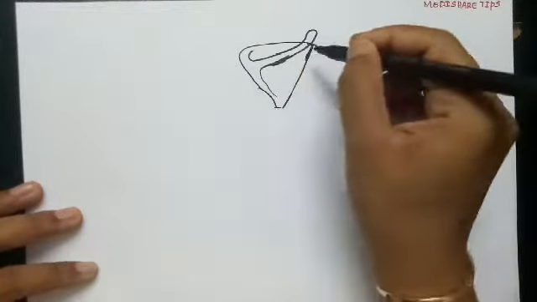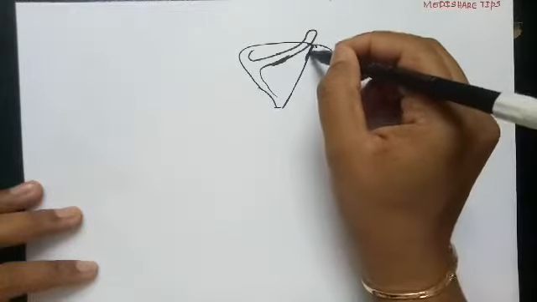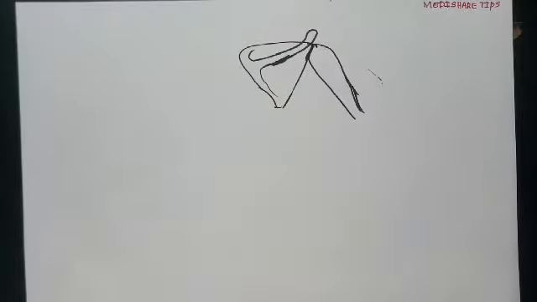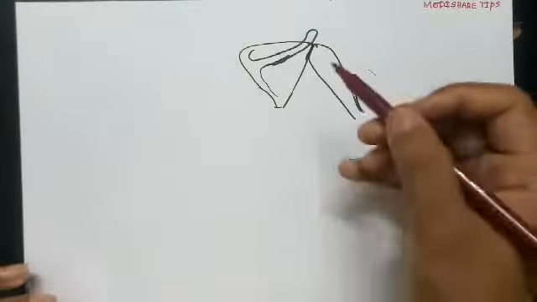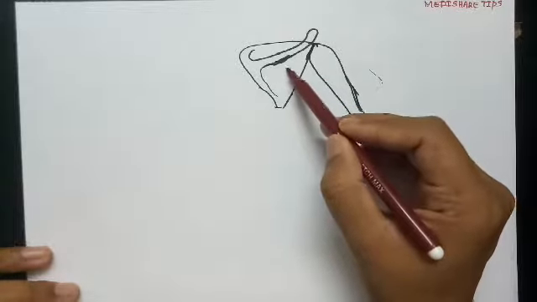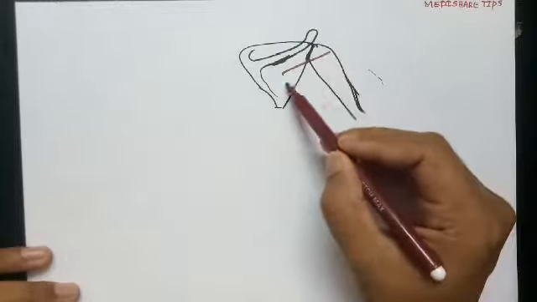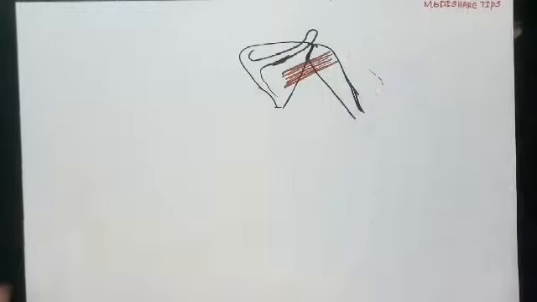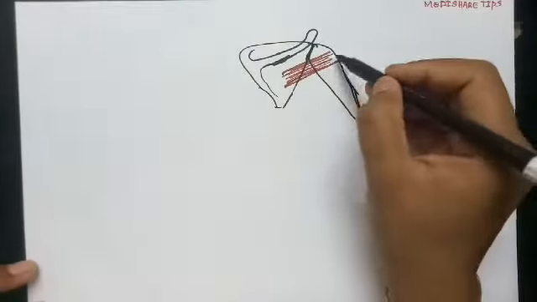This is the acromion. This is the humerus. There is a muscle here which is known as teres minor.